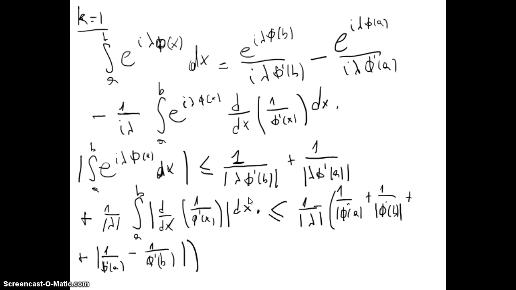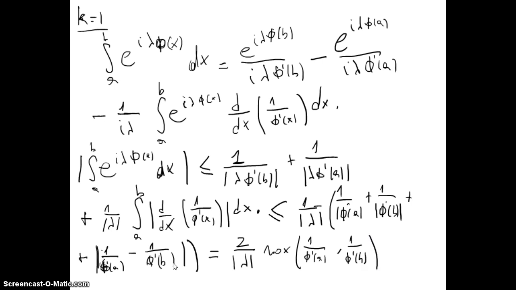Okay, and so we transform this derivative into this, resolving the integral, and so we can say that this is equal to 2 over lambda times the maximum of 1 over phi prime(a) and 1 over phi prime(b).